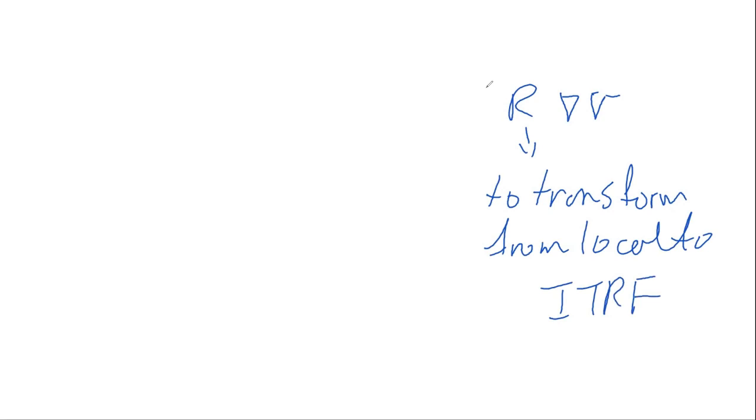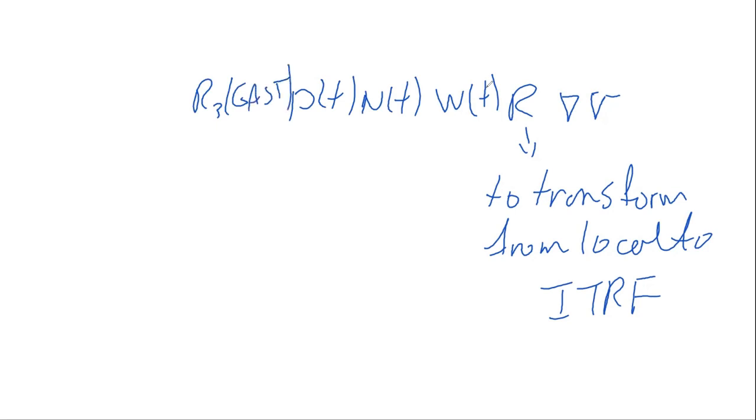Then when you come to ITRF, you have polar wobble at time t. You will consider nutation, you will consider precession, and you will consider one rotation with the Gast angle, and the result will be the vector of acceleration in, let me write this here, CRF or geocentric CRF.